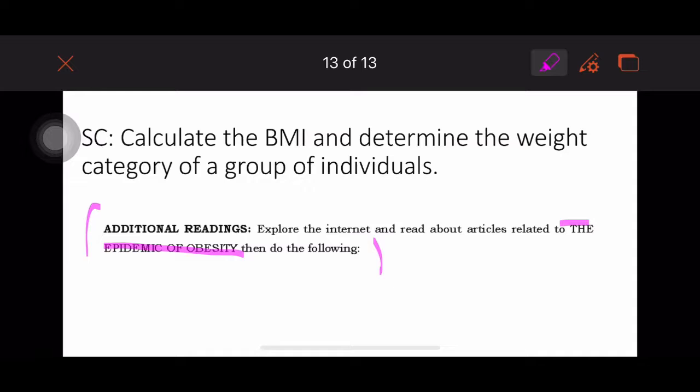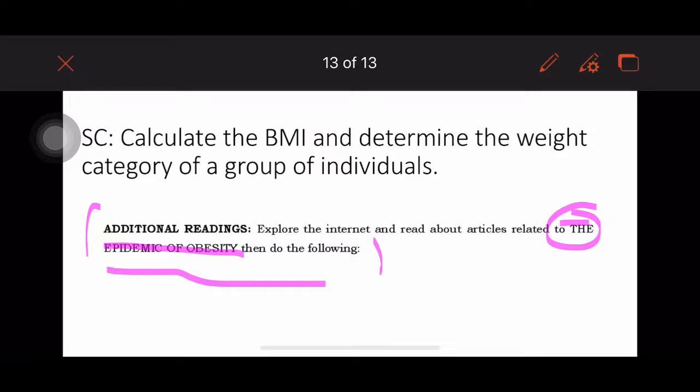And just because you'll contract coronavirus and you'll die, coronavirus is not more deadly than obesity. No, they're as deadly as each other, just that one is slow death, the other one is fast. So you have to read articles about how dangerous obesity is. Okay, so that's all.